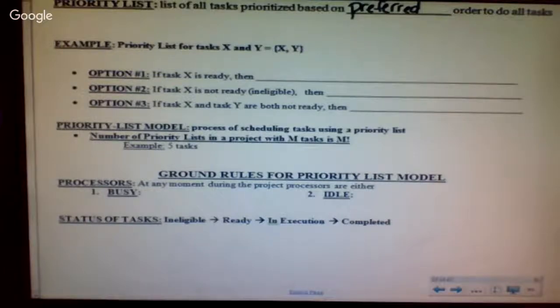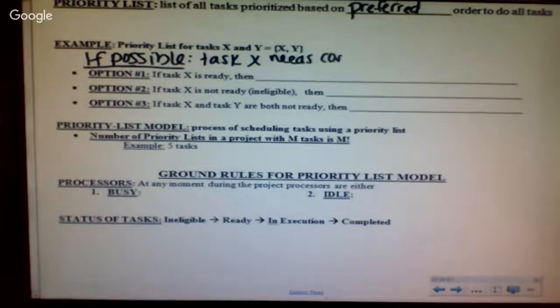So your priority lists are going to be listed in order. So like C, A, F, G, okay? If X comes before Y, that means if possible, note the words, if possible, task X needs completed before task Y. Okay.